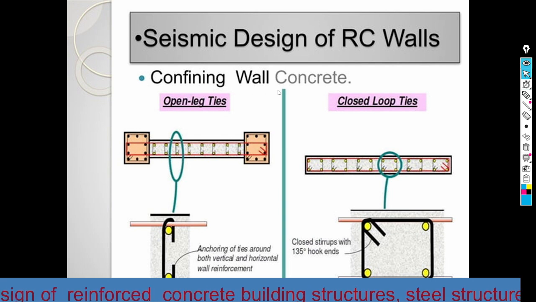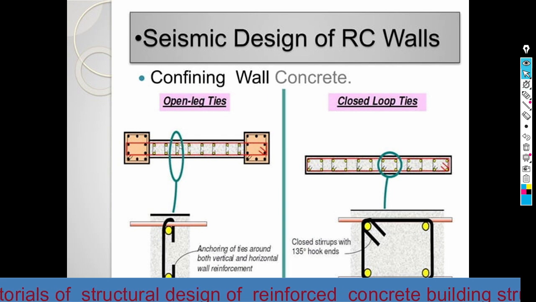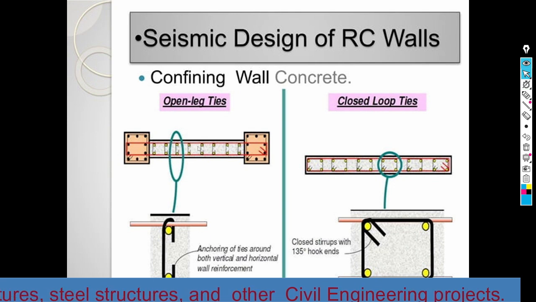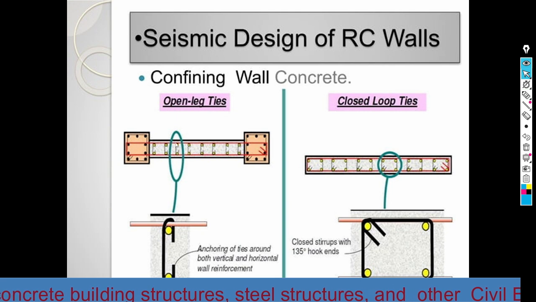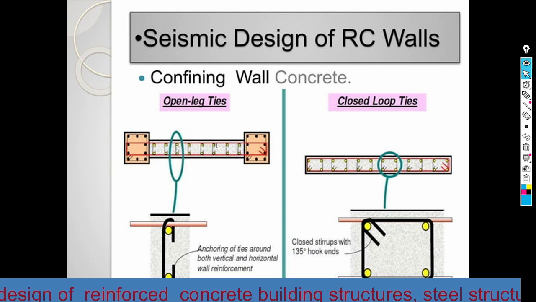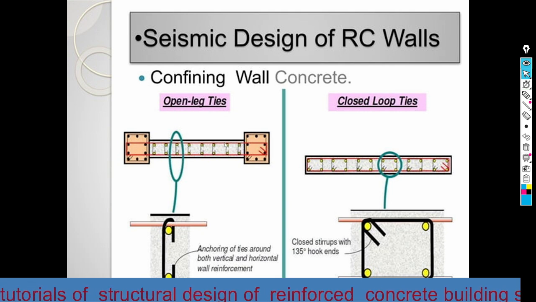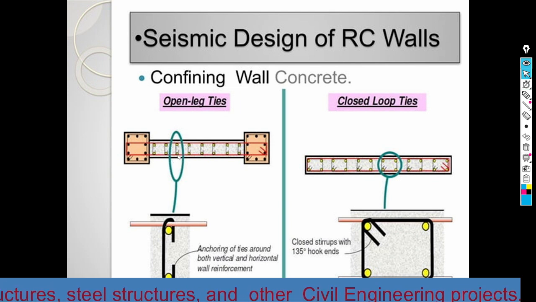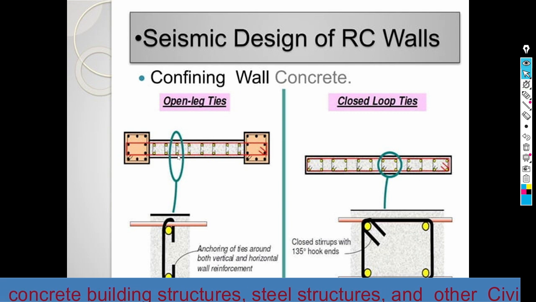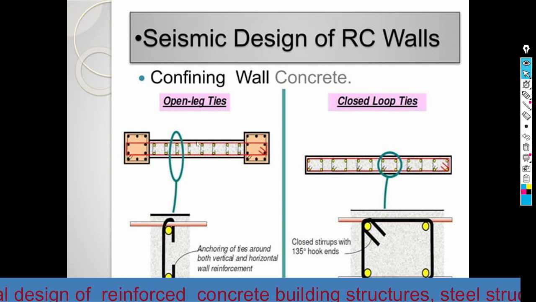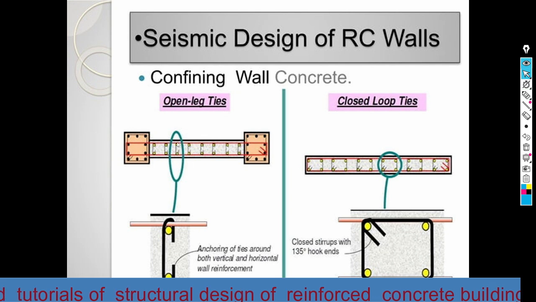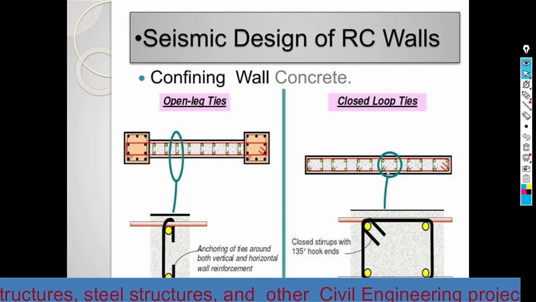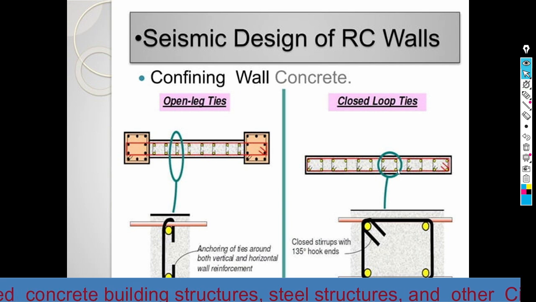Here we will also have ties. We need to provide ties at the intermediate portion or at the web of the wall in order to accommodate the excessive shear in a shear wall. Here we are using open leg ties, and here we are using closed loop ties.